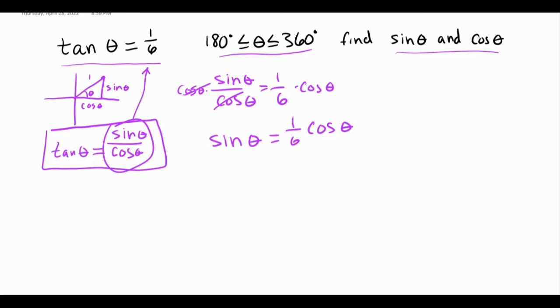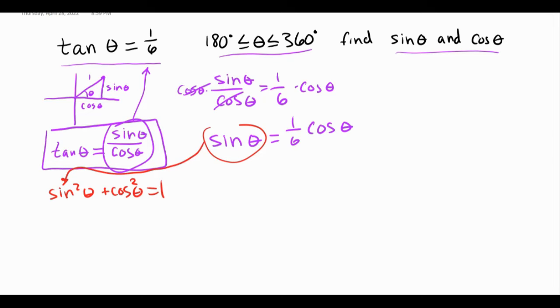Now, though, I'm going to use the other trig identity to help me solve. Remember, if you don't, the other trig identity is sine of theta squared plus cosine of theta squared equals 1. So basically what I'm going to do is plug in this sine into here.